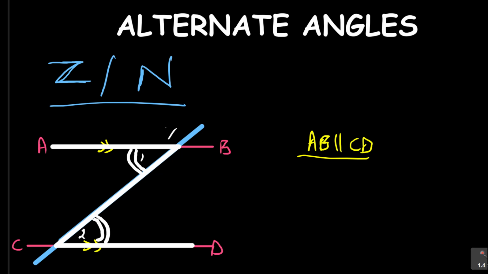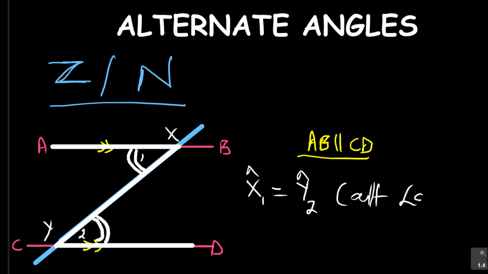So if this is x and this is y, you're going to say angle x1 is equal to angle y2, and then the reason you're going to give is alternate angles. Now, what makes it alternate angles? AB is parallel to CD. That's the reason that you're going to be bringing in. So that's the first case of alternate angles.